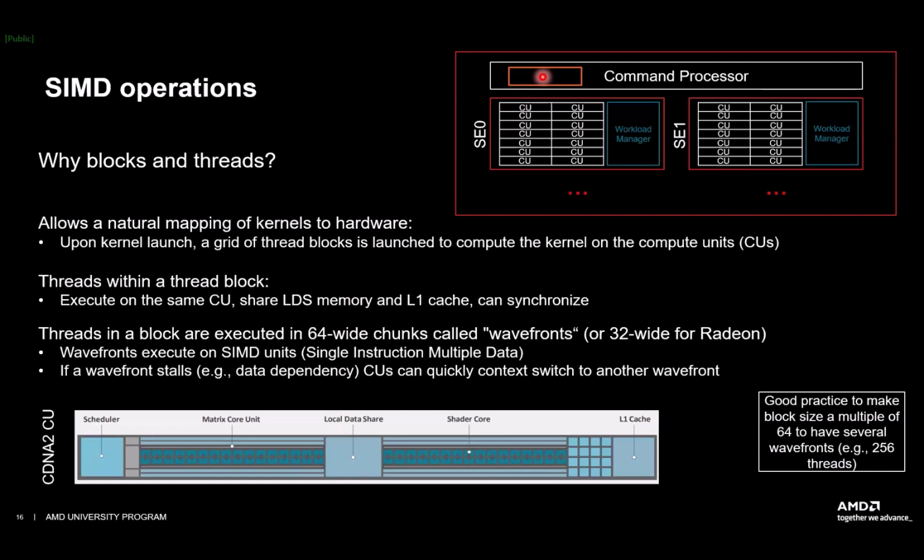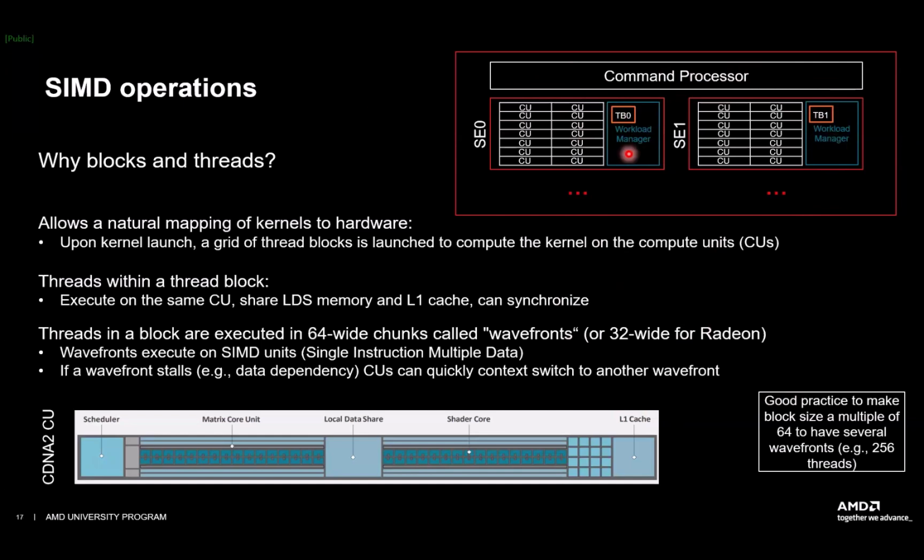If we assume a thread block size of 256, maybe what would happen is you would send these thread blocks off to these shader engines, and they would be dispatched to these shader engines in a round robin fashion. So thread block 0, thread block 1, thread block 2 down here, 3, 4, 5, and so forth. Although I've only shown 2 thread blocks here, when you dispatch these in this round robin fashion, you would fill up these shader engines with these thread blocks that would then be computed on these compute units.